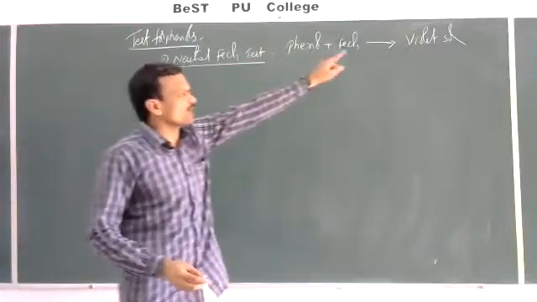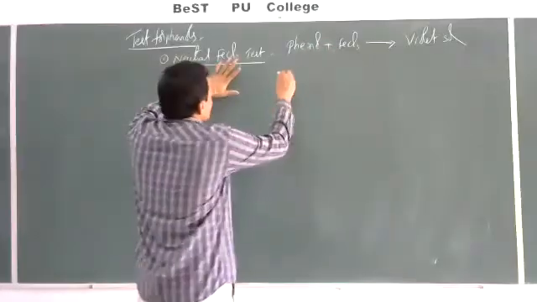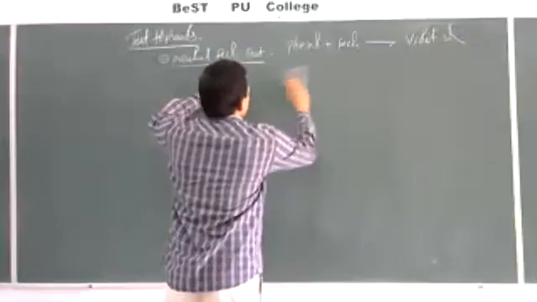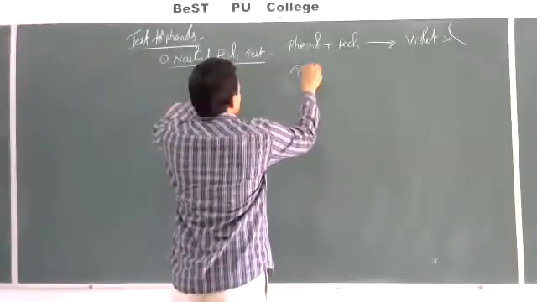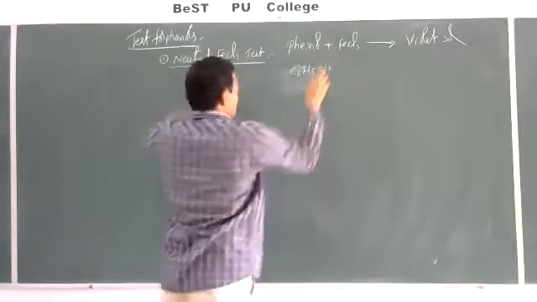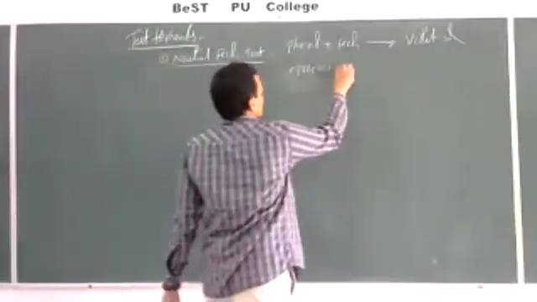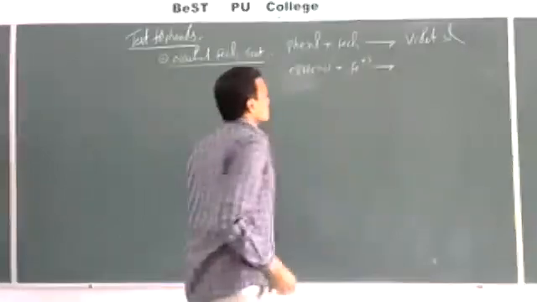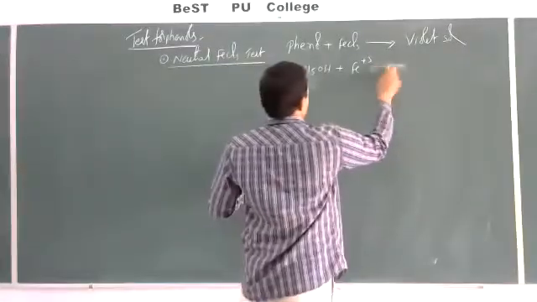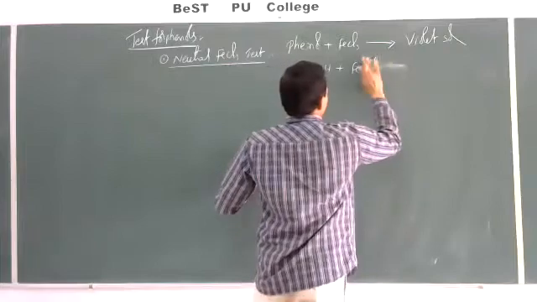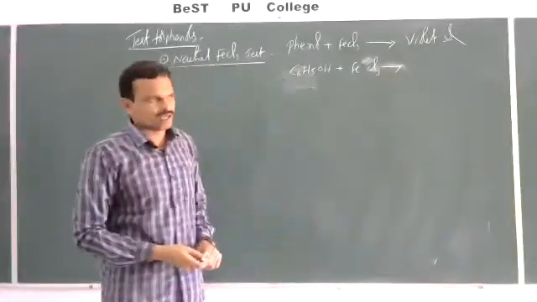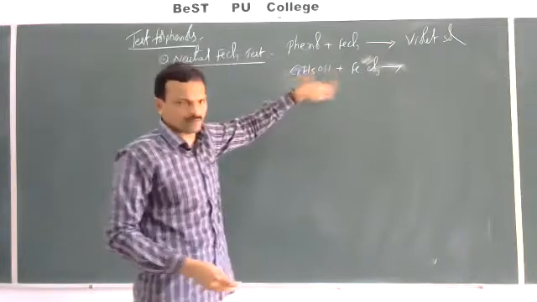What is this violet colored compound formed here? Phenol, C6H5OH, reacts with Fe3+, that is ferric chloride, FeCl3. Then with ferric ions, the phenate ion forms a complex.